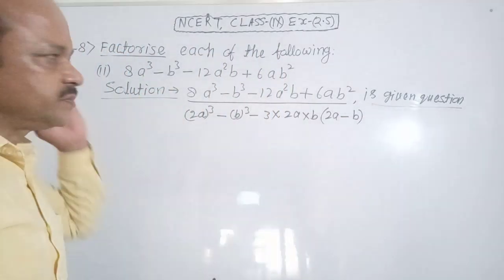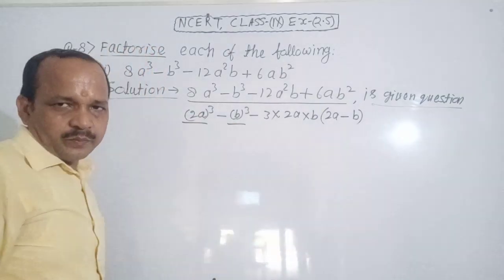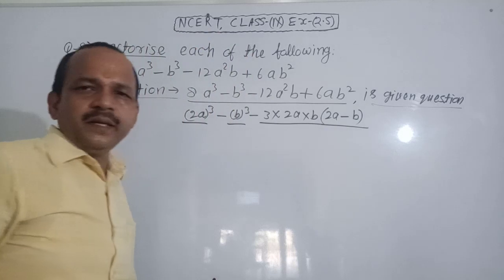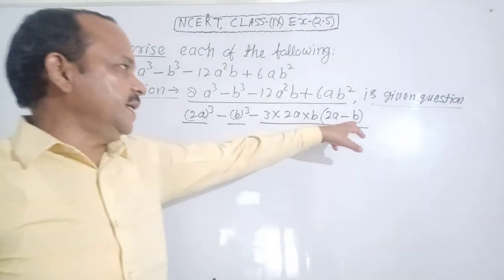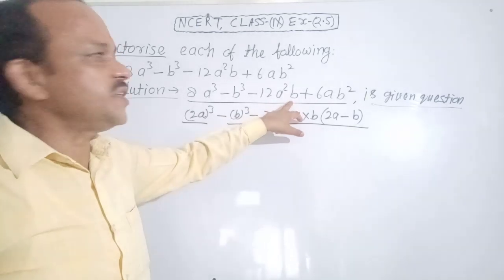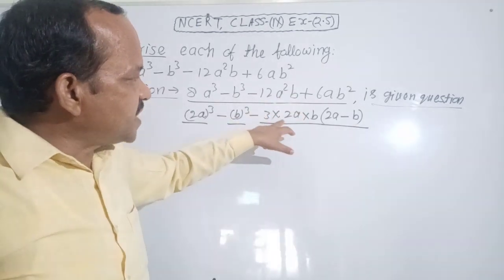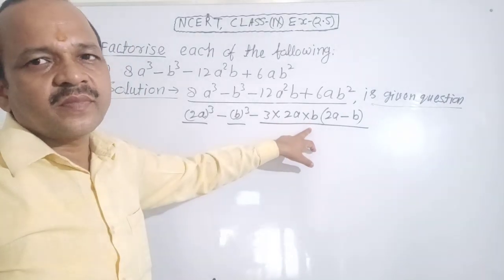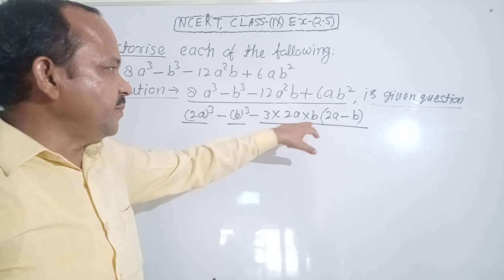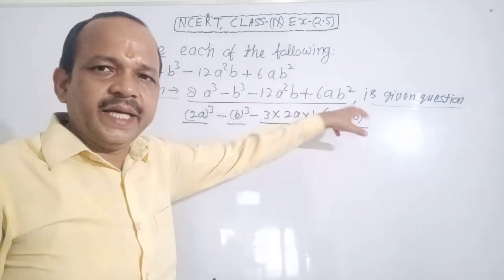Here (2a) whole cube minus b whole cube, and 3ab in brackets (2a minus b). Here you take the LCM, 6ab. You find 3 multiply 2a multiply b in brackets (2a minus b) brackets close.